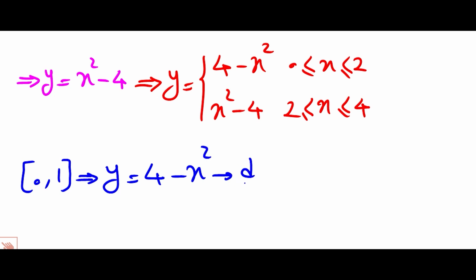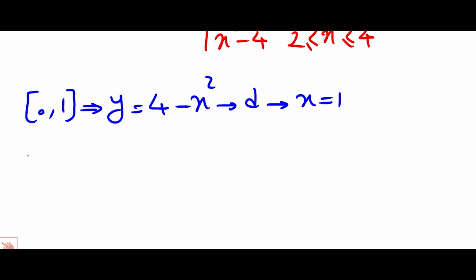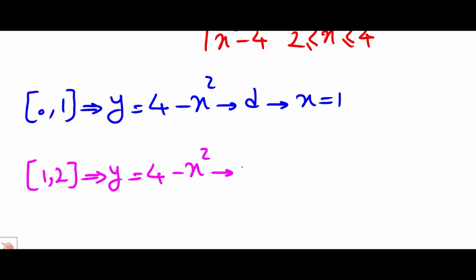So the minimum occurs at the right endpoint, x equals 1. The second interval, 1 to 2: y equals 4 minus x squared is still decreasing, so the minimum occurs at x equals 2, right?